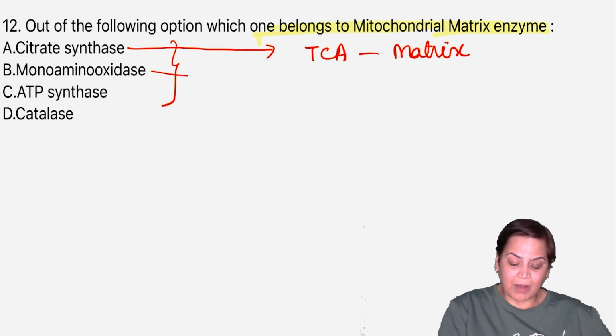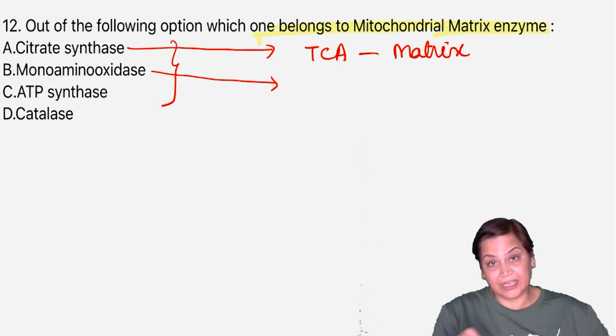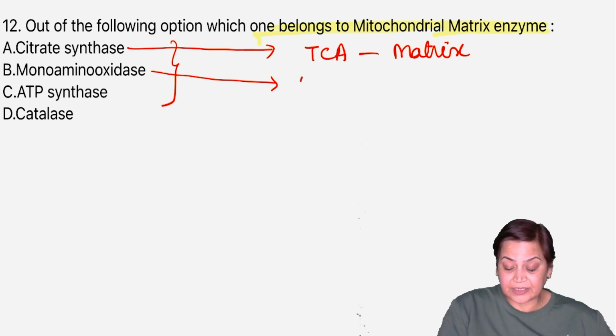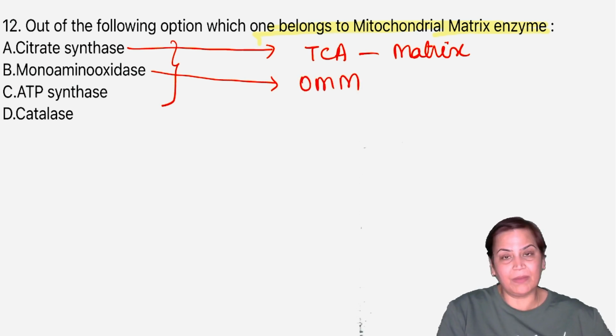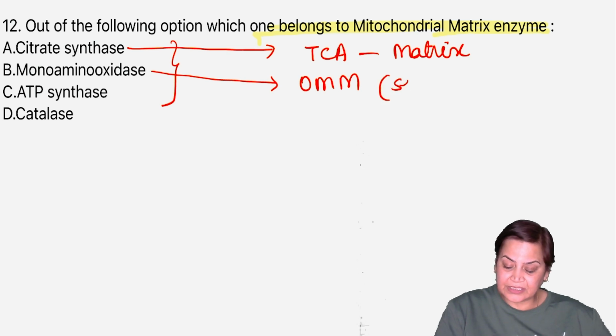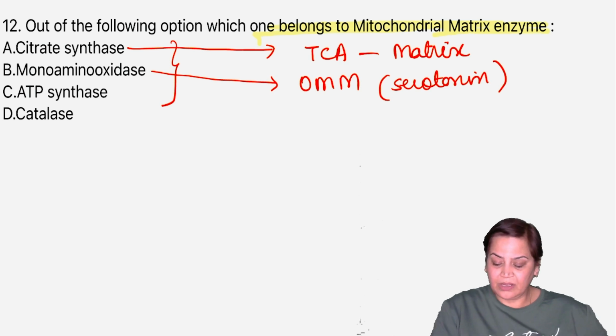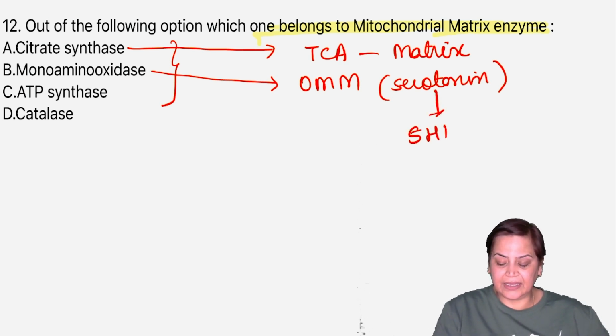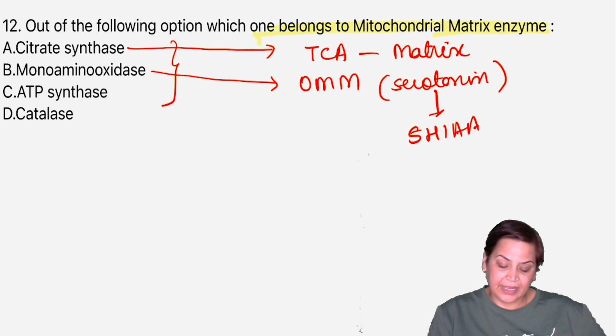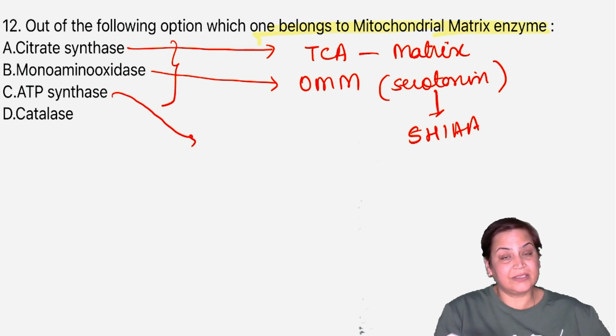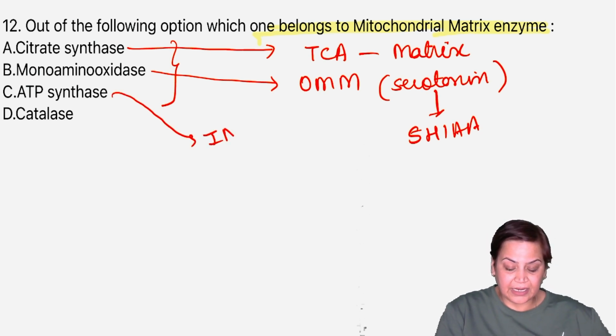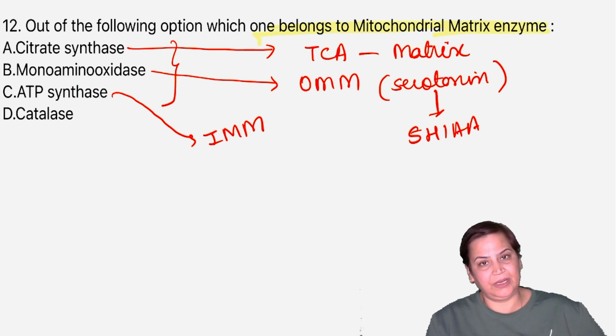MAO, monoamine oxidase, is present in the mitochondria, but on the outer mitochondrial membrane. It helps in degradation of serotonin into 5-HIAA. ATP synthase, we know the synthesis of ATP occurs on the inner mitochondrial membrane.